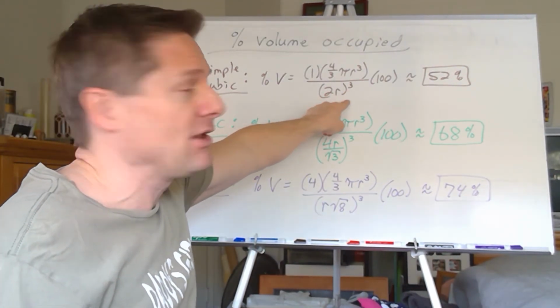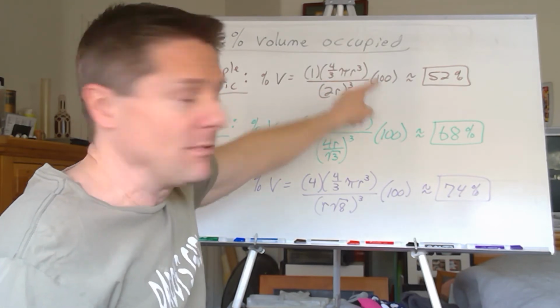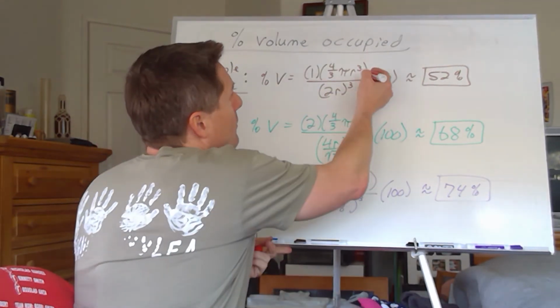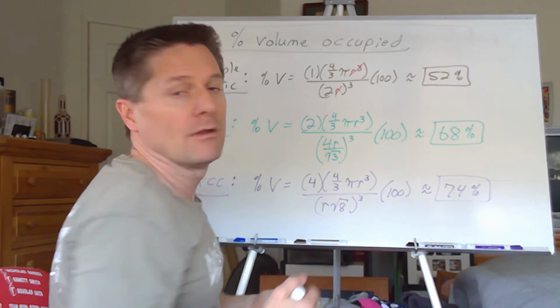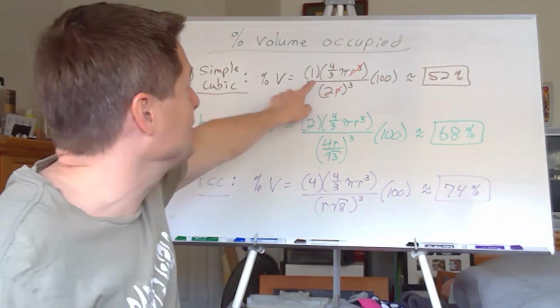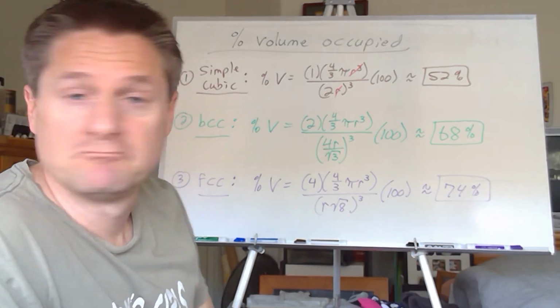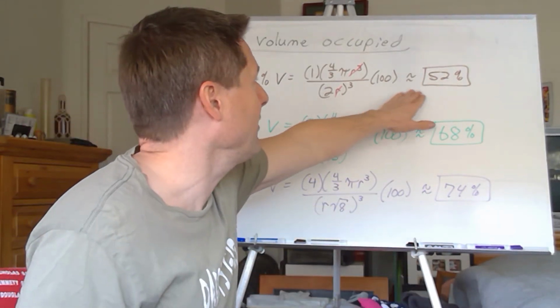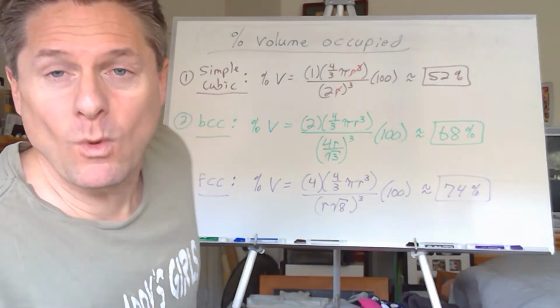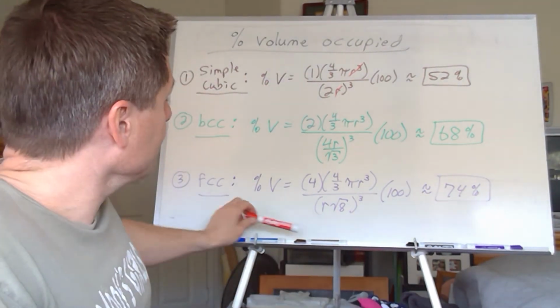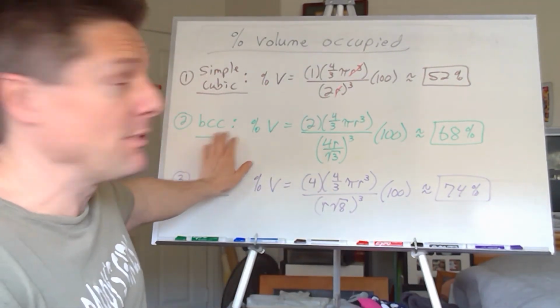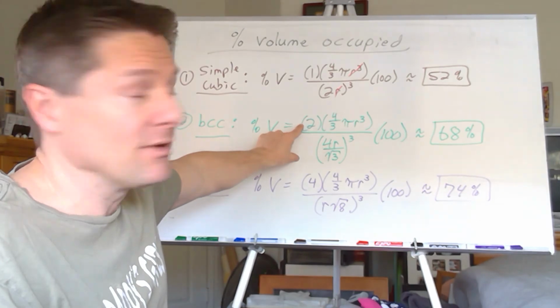You'll get 8r cubed on the bottom, and you've got r cubed on the top. So the r cubed cancels. So the radius is gone. So it's just 4/3 pi over 8. Right? Times that by 100, I approximated just to the nearest ones place there. It's about 52%.